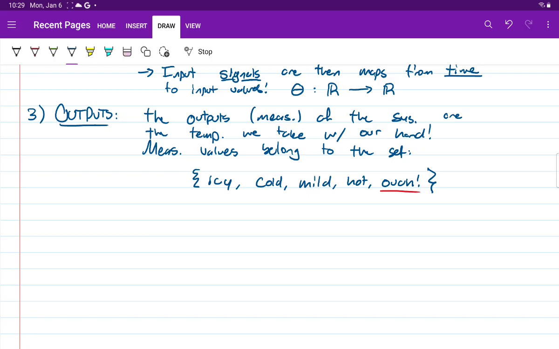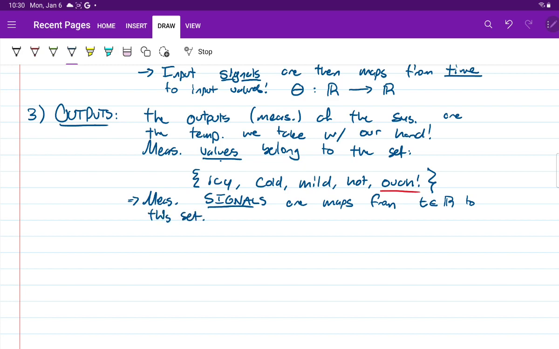I'm going to get one of these things back every time I take a measurement. So these are my measurement values, right? Now my measurement signals are maps from time, T and R, to the set of measurement values, okay?